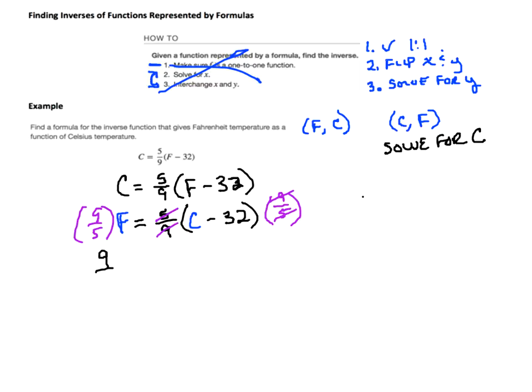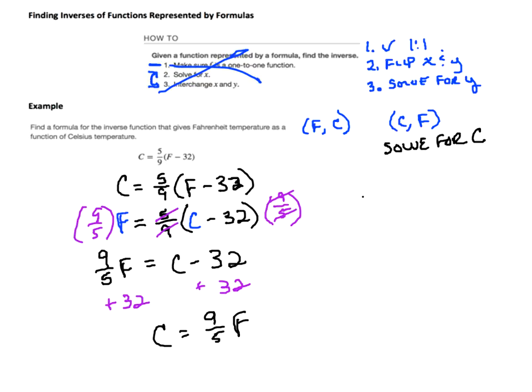So now I have 9/5 F equals C minus 32. Add 32 to both sides. And I get C is equal to 9/5 F plus 32.